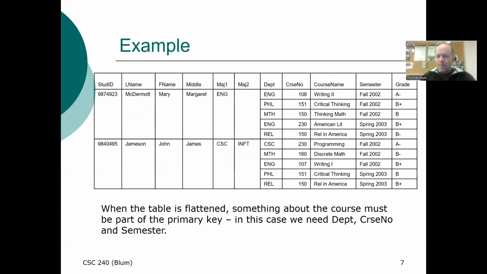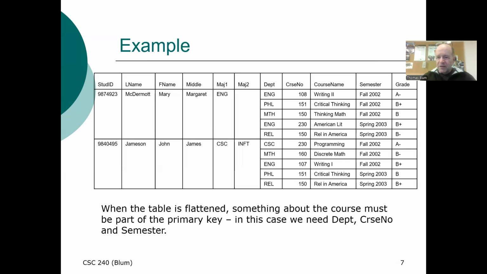No, I don't have that yet. But the course information is going to have to be part of the key. When I make this one record of Mary Margaret with multi-valued fields into separate rows, then to distinguish the philosophy 151 row from the math 150 row, I'm going to have course information in there.